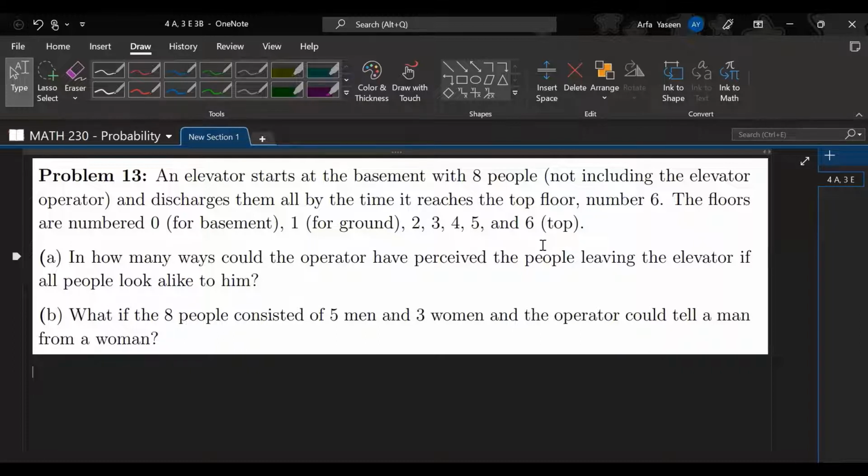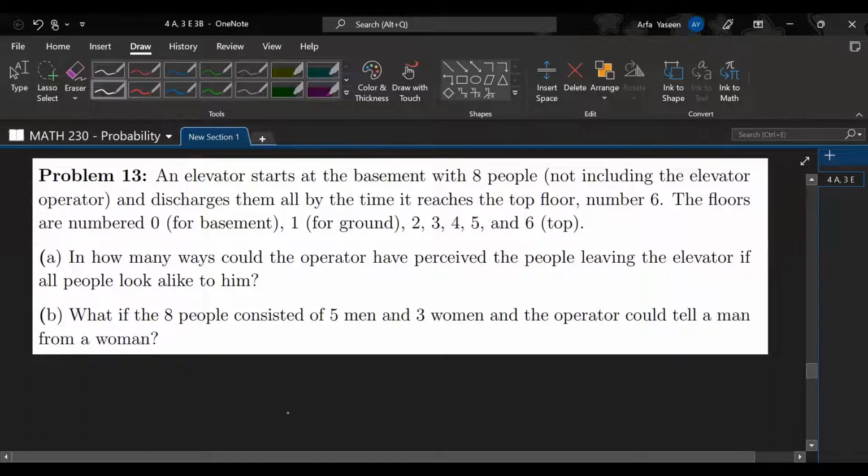It could be that at one floor nobody leaves and at another 2 get off, but by the time we reach the 6th floor the elevator has to be completely discharged, right? So we can model this problem by the equation.